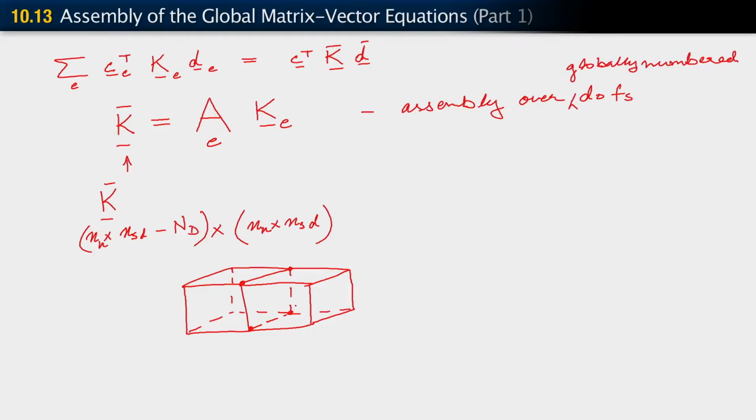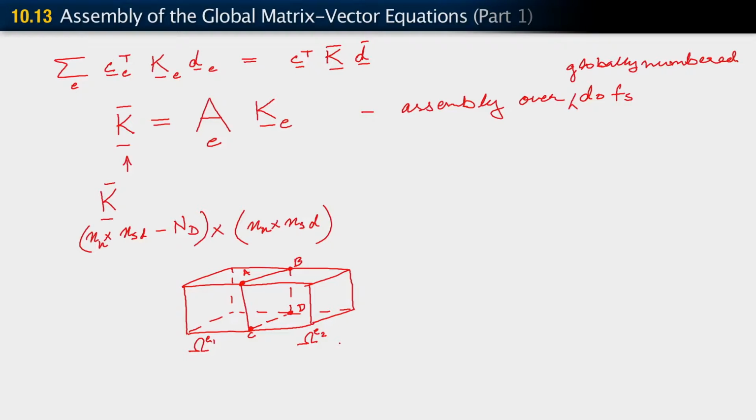And let us suppose that these nodes have global numbering A, B, C, D. And furthermore, these elements are omega E1 and omega E2.